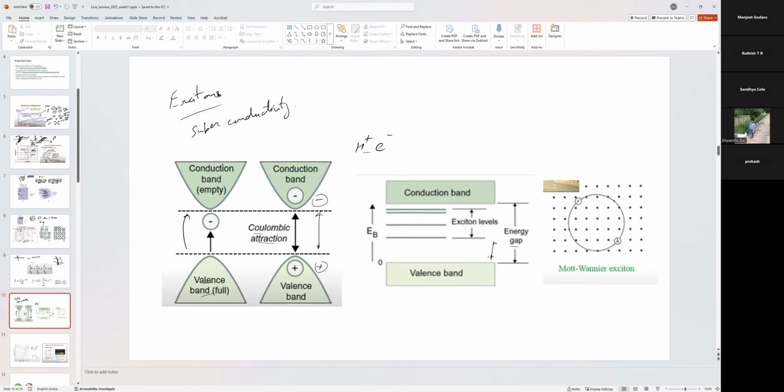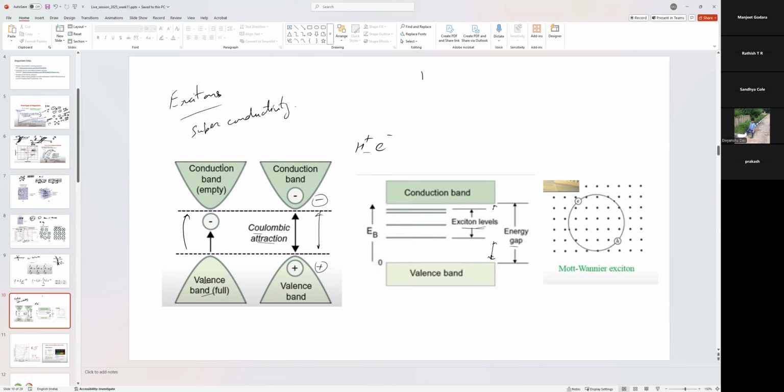It's like this much energy is being compensated by the Coulombic attraction. The band gap Eg will be equal to the Coulombic attraction plus this excited energy difference between the excited levels.